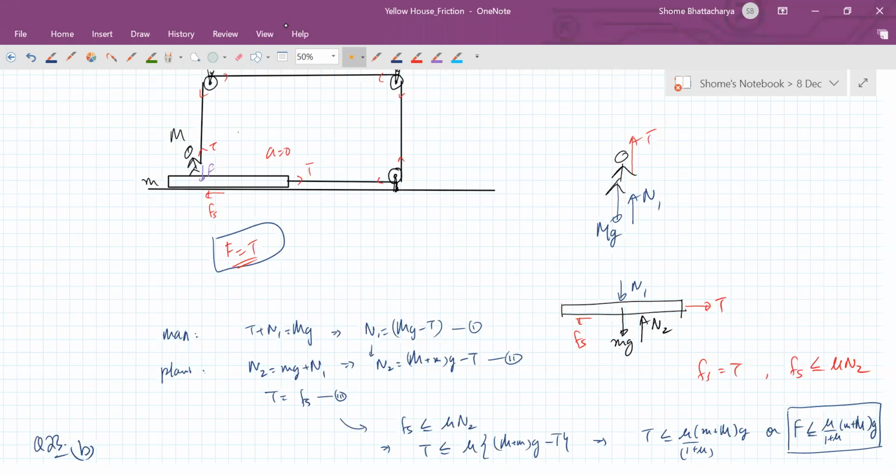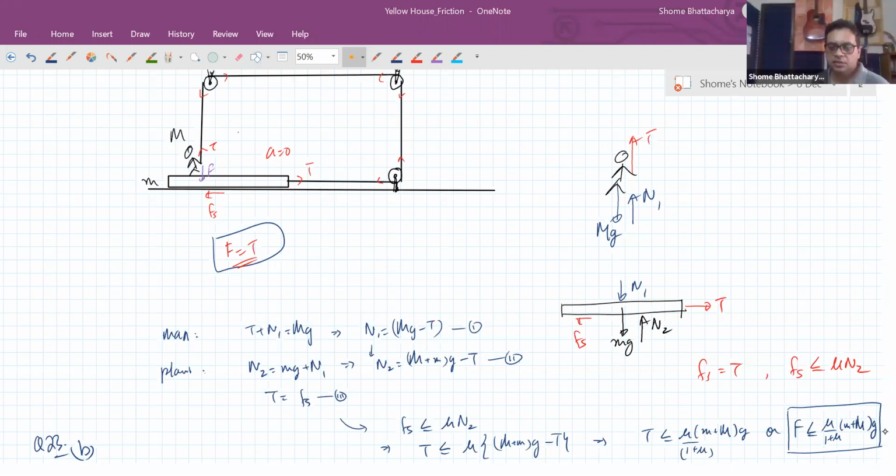Okay, so we will solve this question just like the method that we discussed yesterday for 3 block problems. Applying exactly the same method, let's use the data of the question given.